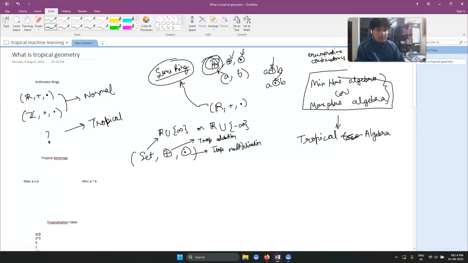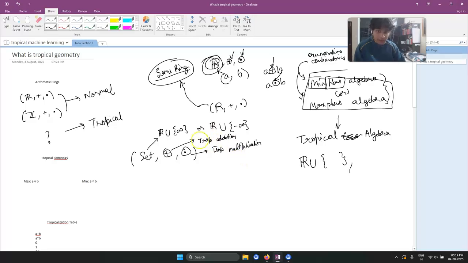Now, this field gave us min-plus and max-plus algebras. What are these structures? Look at the name: there's a minimum and there's a plus, so the name itself is telling us what our operations are. For min-plus algebra, we're going to have the real numbers union, and let's keep this empty for now because it will help make sense later.